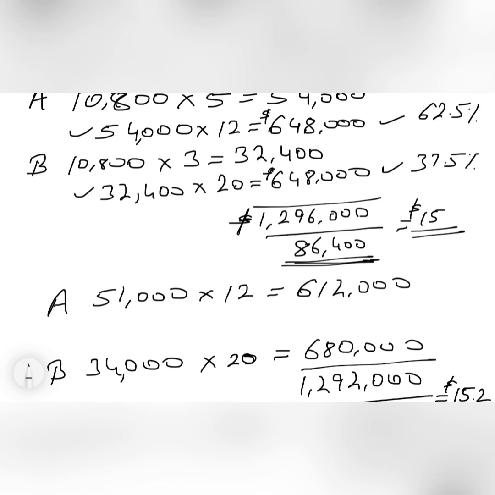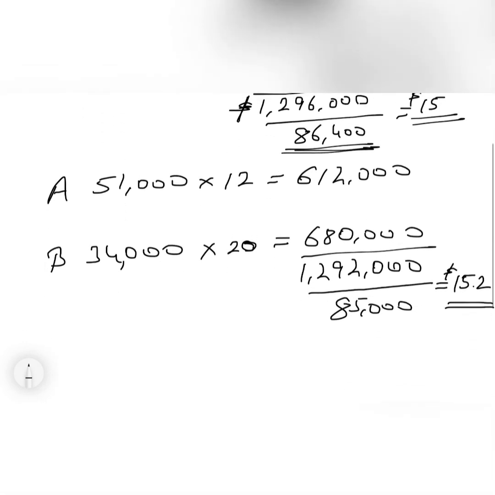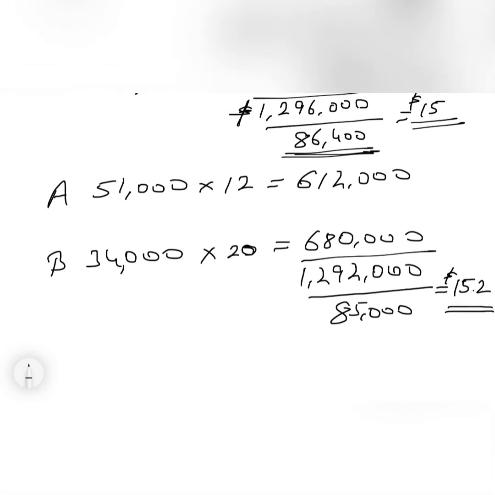However, in reality, 51,000 of 85,000 is approximately 60% of employee A's help, and 34,000 of 85,000 is approximately 40%. So what's happening here is you're using a different mix.